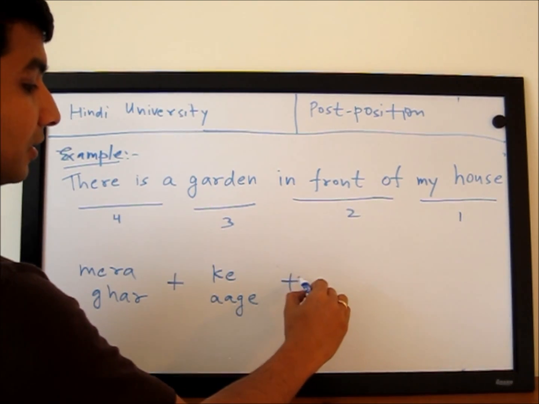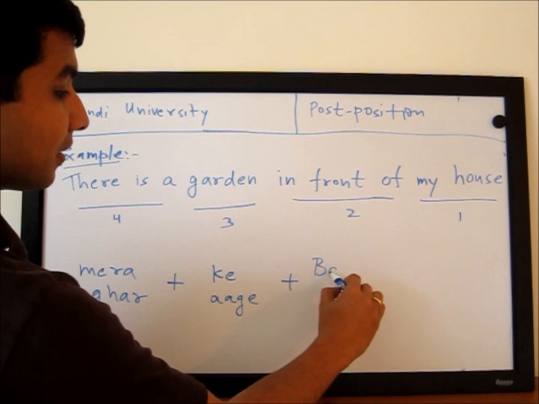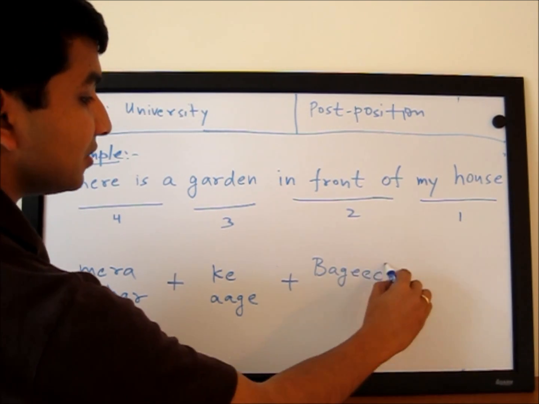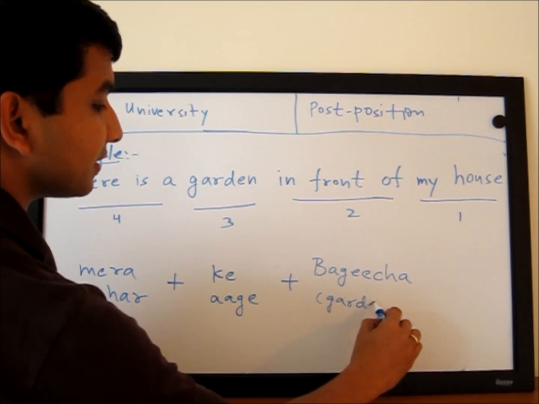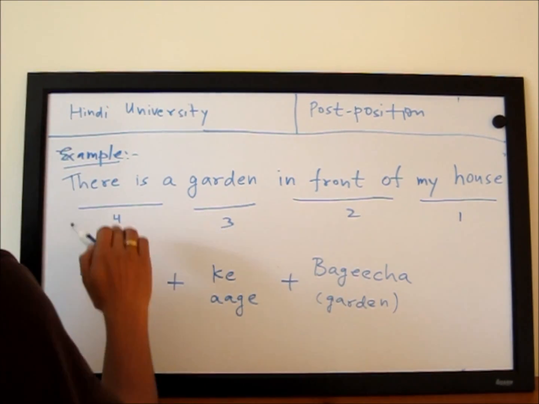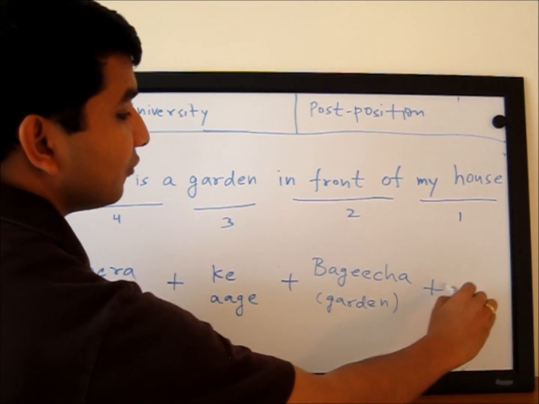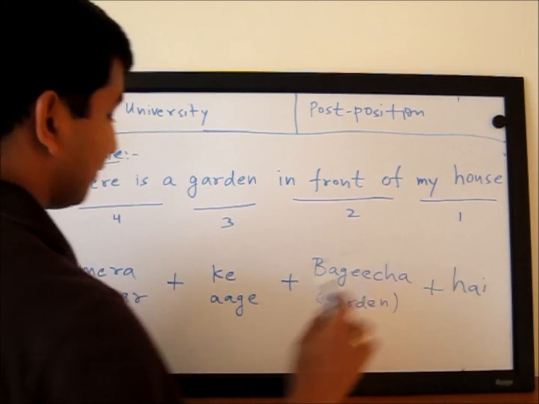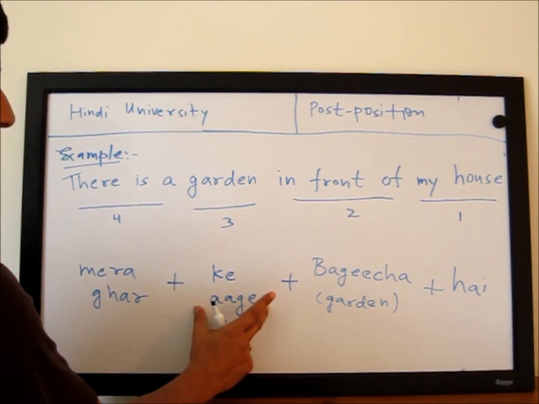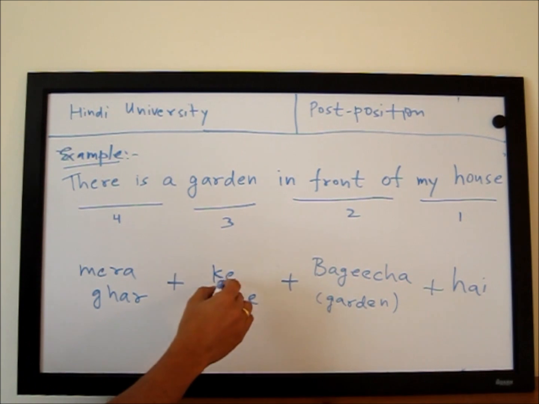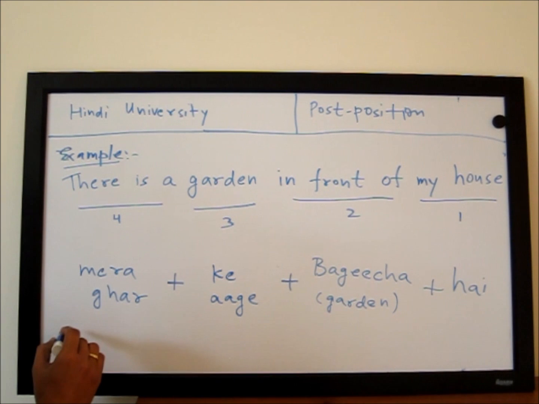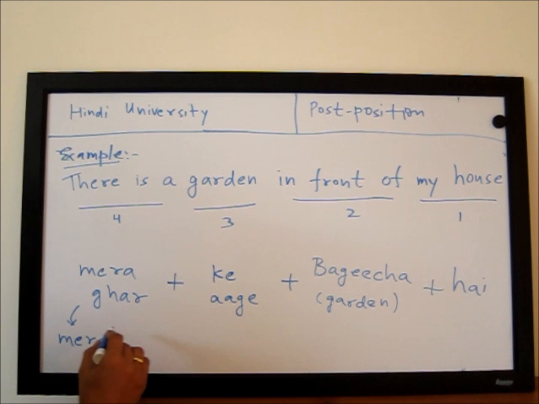Garden in Hindi is called bagicha, or you can just call it garden if you want to simplify your sentence. And our object is, for example, there is a, which would be hai. So, mera ghar ke aage bagicha hai. Now again, this is not done yet because it's an oblique case. We are using the postposition ke, so mera will be changed to mere.